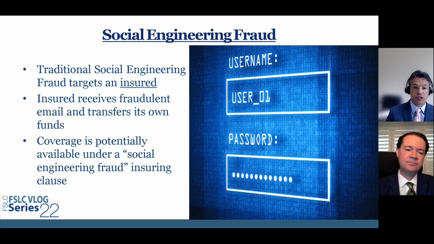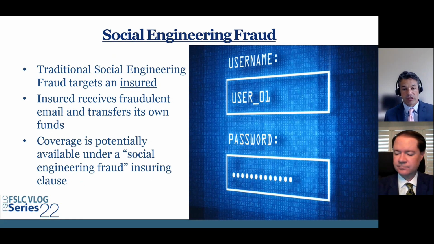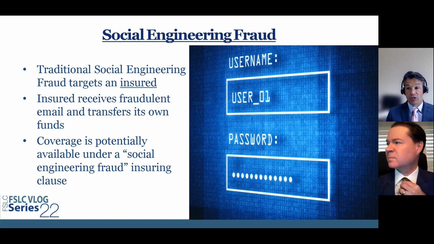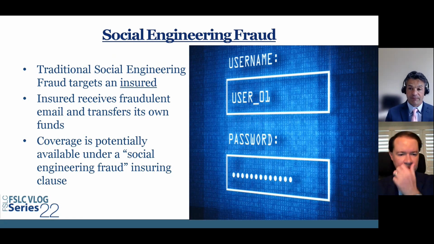Traditional social engineering fraud, which got its rise in the 2012, 2013, 2014 time period, targets an insured from a coverage perspective. It's someone that is coming after an insured and trying to convince them, dupe them, to transfer funds, quite simply. The most common way it happens is over email, like everything else these days.